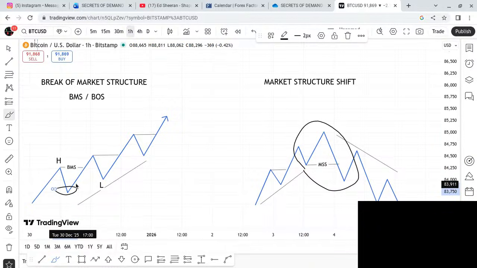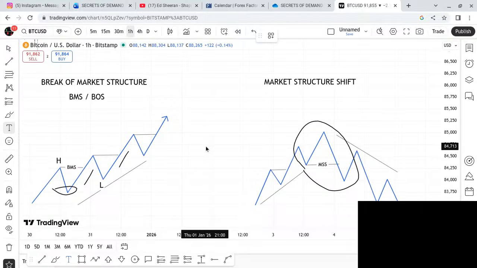A break of market structure keeps maintaining a trend. But a market structure shift will abuse the trend and gain another direction, which means in a market structure shift, the trade will come from a certain trend to another, whereas in a break of market structure, the trade will continue to push in that same direction.